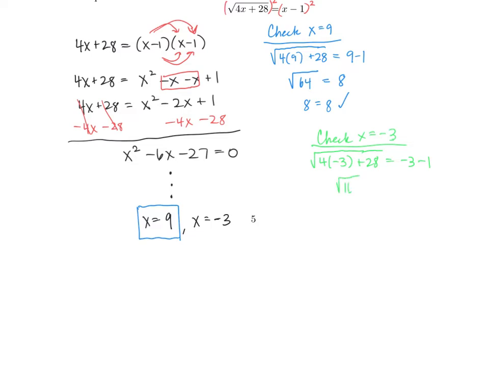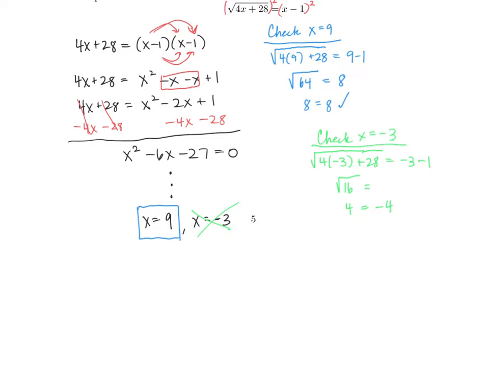So this is the square root of 16. The square root of 16 is 4. -3 minus 1 is -4. So I have 4 equals -4. Well, that is not true. That means -3 is not a valid solution. So the only answer to this one is 9.